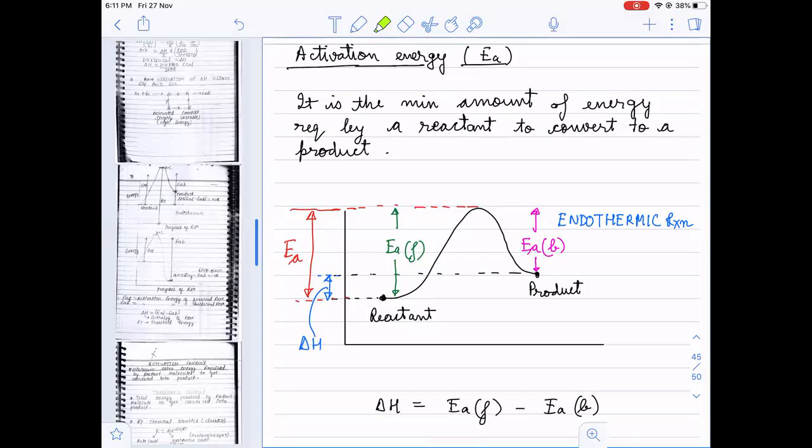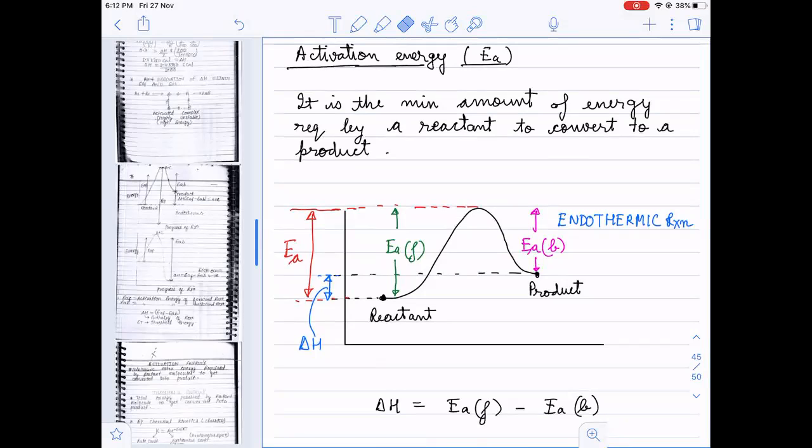And in front of you, this whole graph is the energy graph. On y-axis is the energy, and on the x-axis is the reaction time, you can say, or reaction coordinates. As the reaction proceeds, it is showing the energy curve.